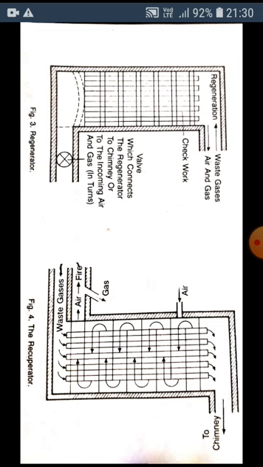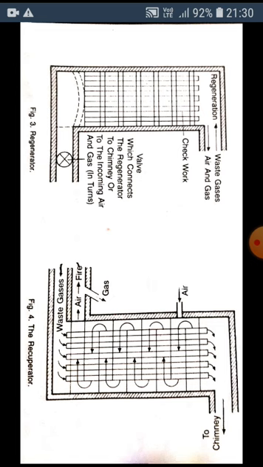The purpose of regeneration is to utilize the heat of waste gases for heating the incoming gas and air used for burning. The regenerative furnace works in two cycles and has two sets of checkwork chambers which are called regenerators.